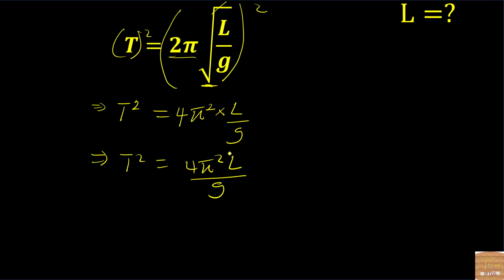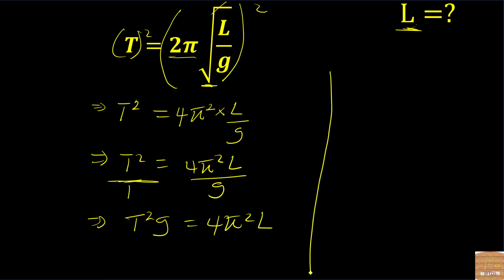Alright, so we have to make L the subject. Now let's make this over 1 and do cross multiplication. So g times t squared is t squared g, and 1 times that is 4π squared L. Let's divide both sides by 4π squared.